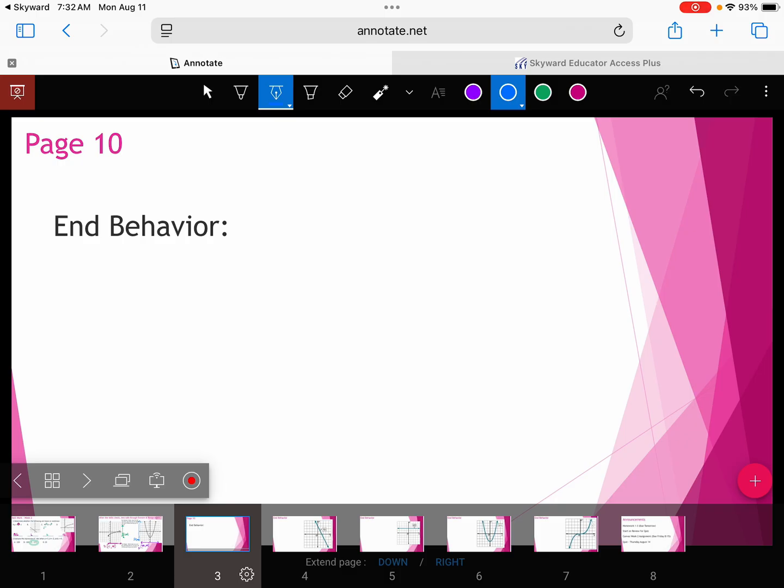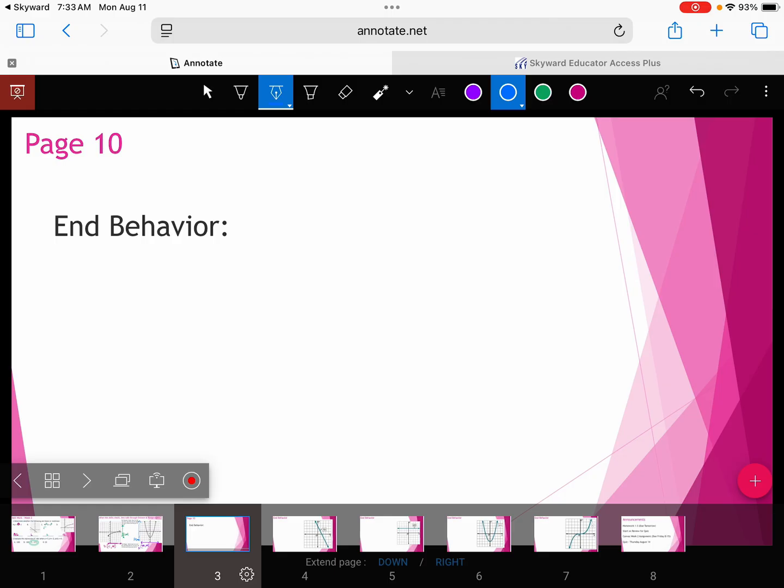All right, so we're going to talk about something called end behavior. It's in your notes packet, right after our extrema, on page 10. It describes the arrows of our graphs.